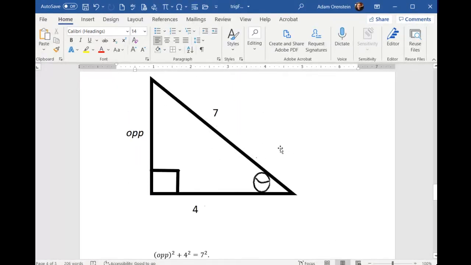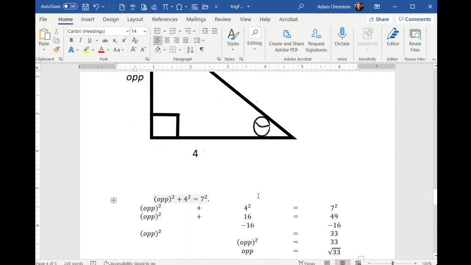We have this side of length 4, this side of length 7, but we don't know the length of this side, OPP, the opposite side. How can we get that? Pythagorean theorem. By the Pythagorean theorem, we have 4 squared plus OPP squared must equal 7 squared.